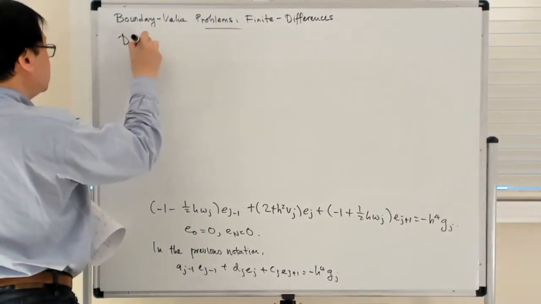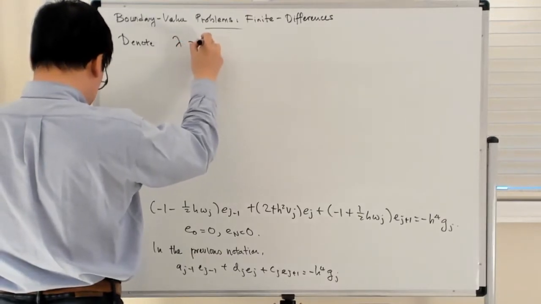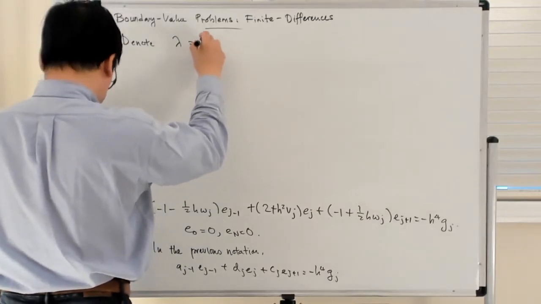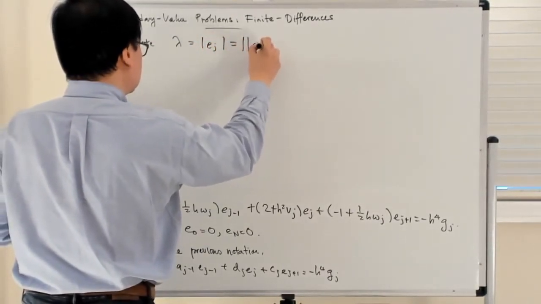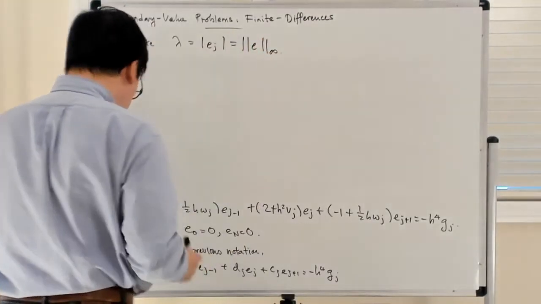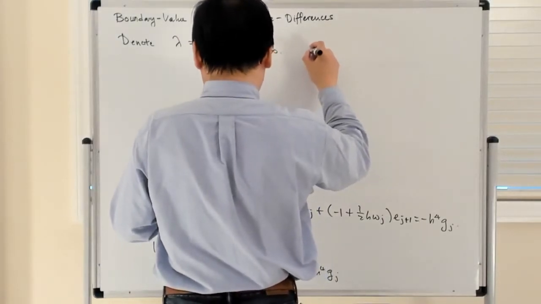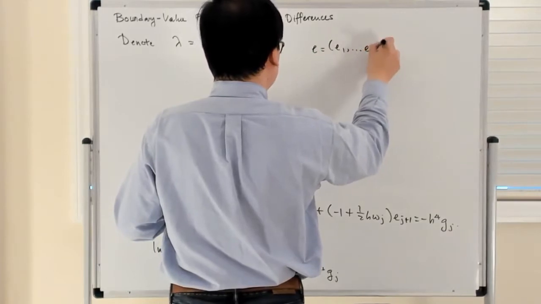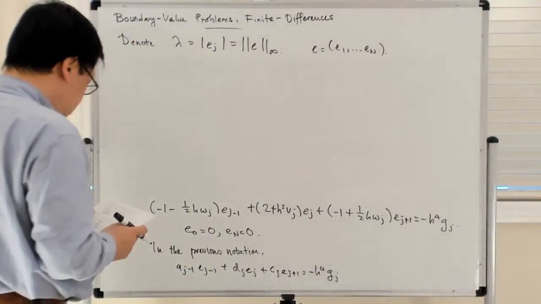So I denote by lambda the infinity norm of this thing, right? So E is equal to E1 to En. So basically what I'm saying is that lambda is the maximum error, okay?